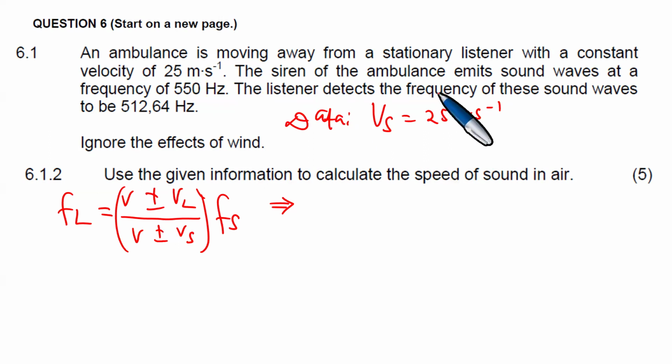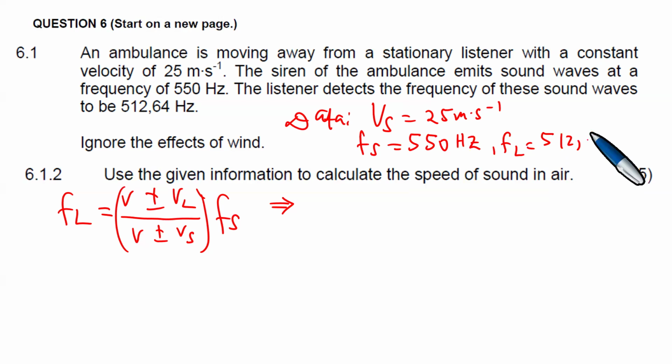The siren of the ambulance emits sound waves at a frequency of 550 hertz, so the frequency of the source is 550 hertz. The listener detects the frequency of these waves to be 512.64 hertz. What is the velocity of sound in air?